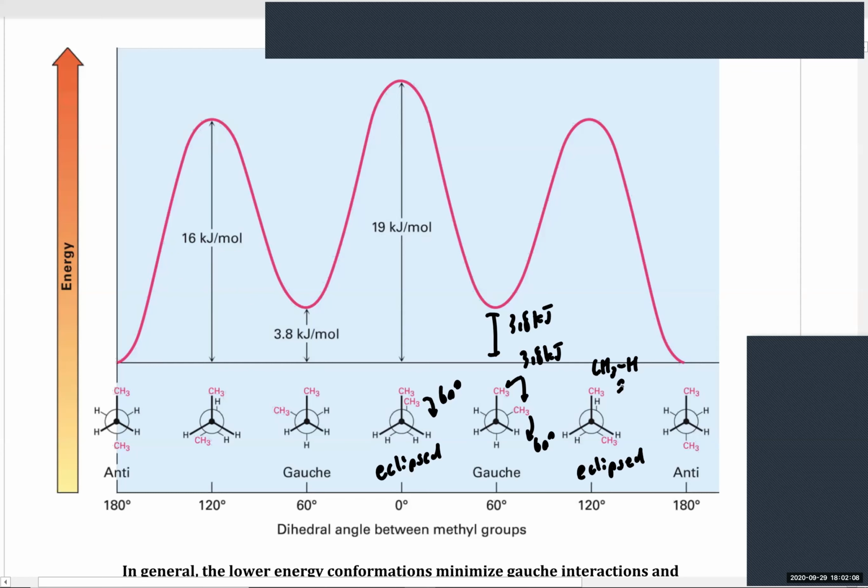What is the penalty for a methyl hydrogen interaction? We've been talking about it a lot. What is the torsional strain associated with a methyl hydrogen interaction? 6 kilojoules, okay. So 6 plus 4 gives us 16.